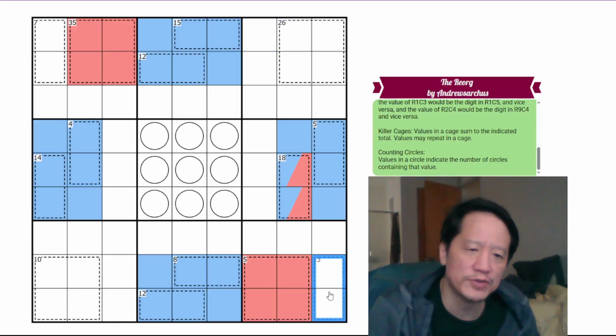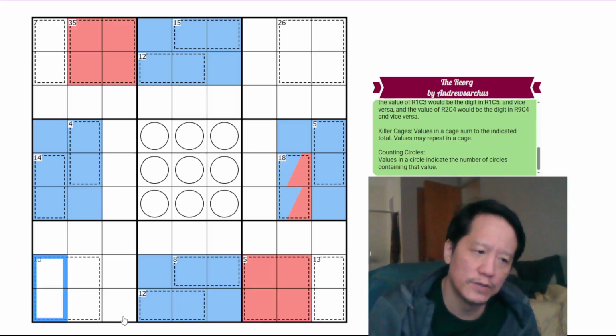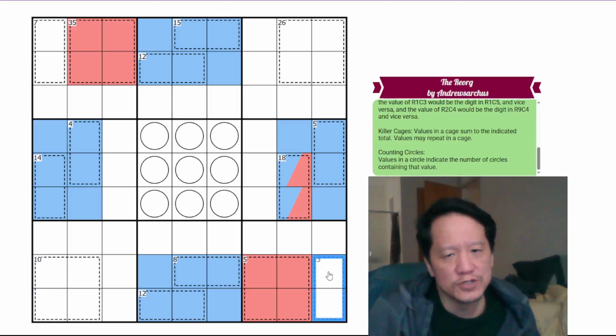I guess you could have a swapper this way, right? You could have a swapper that way. Though that is kind of confusing if you have a swapper there. If you have a swapper here, that means, well, you could have another swapper situation around here.